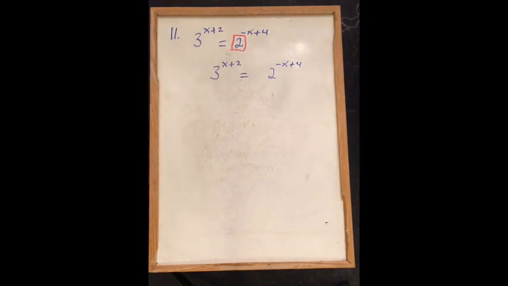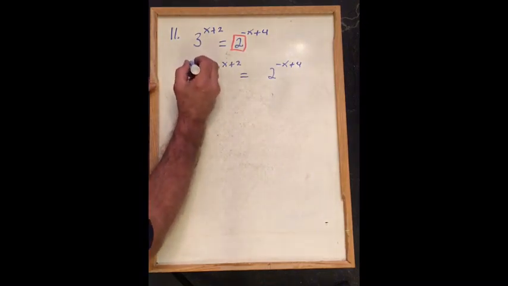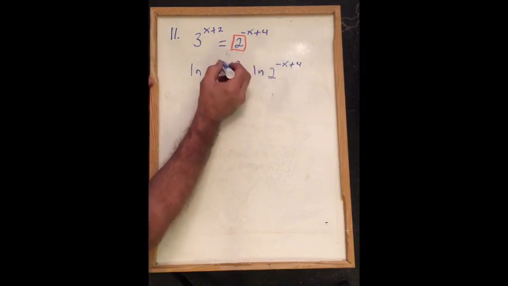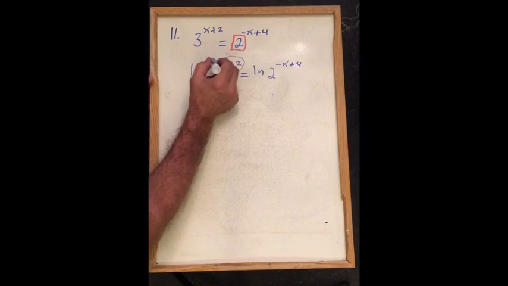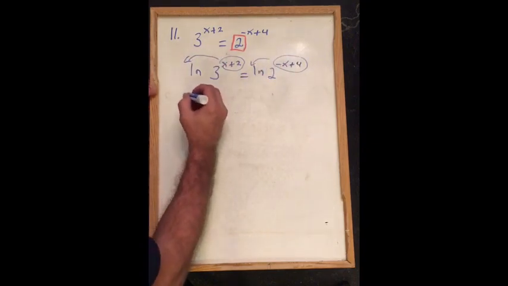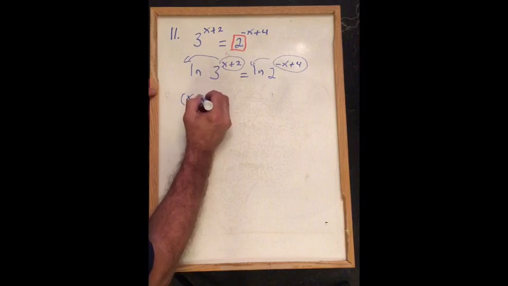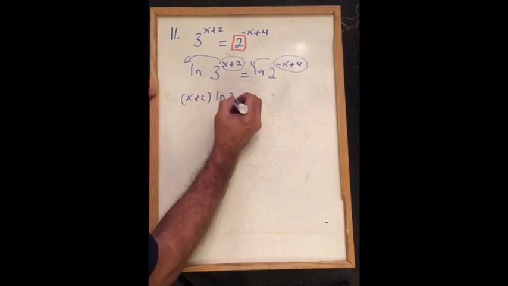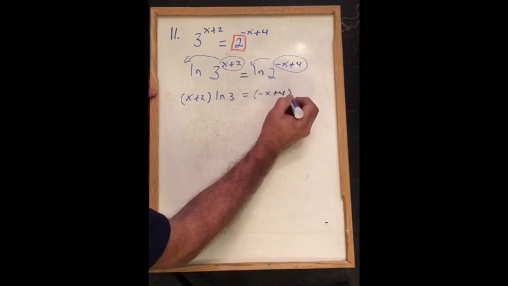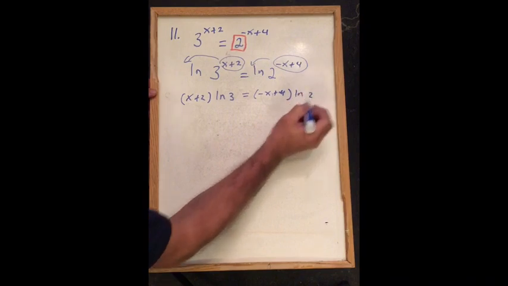And then what I'm going to do is take the ln of both sides like this, so that I can move this entire exponent out front here and this entire exponent out front there to get x plus 2 times the ln of 3 is equal to negative x plus 4 times the ln of 2.